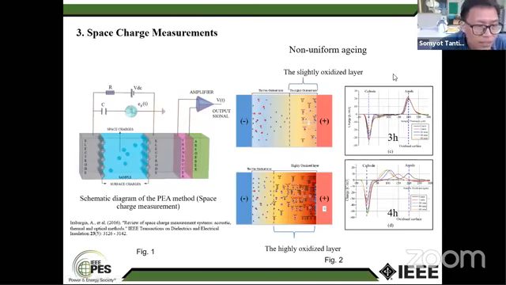And the last measurement that I would like to present today is the space charge measurement. First, we look at figure 1, the schematic diagram of the PEA method. The blue block here is the insulation. We can detect the charge accumulated inside the sample by applying a constant DC voltage, and then applying a small pulse into the insulation system to excite the charge trapped in the insulation.